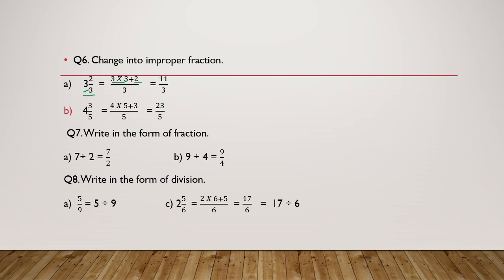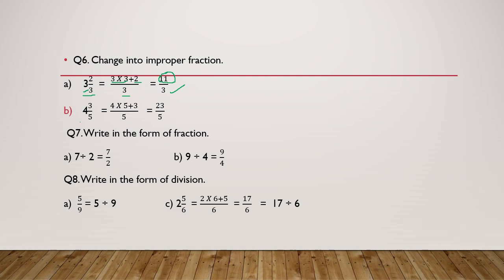So after multiplying 3 by 3 we get 9. 9 plus 2 we get 11 and the denominator is same. So we get the improper fraction 11 upon 3. Why we call it improper fraction? Because this numerator 11 is greater than our denominator. That is why it is an improper fraction.